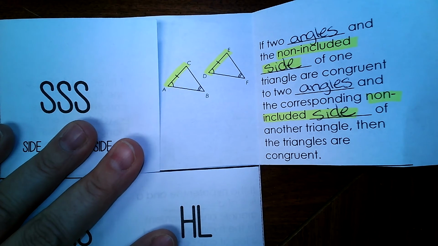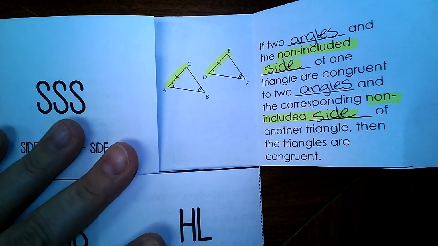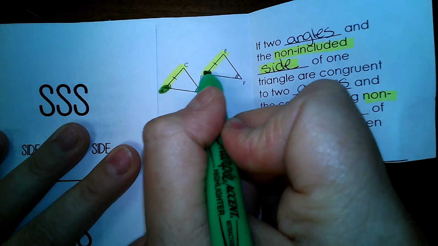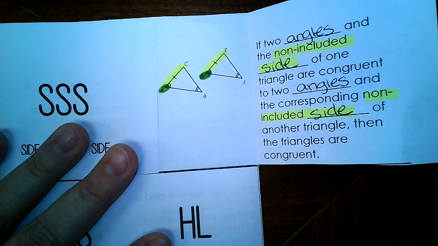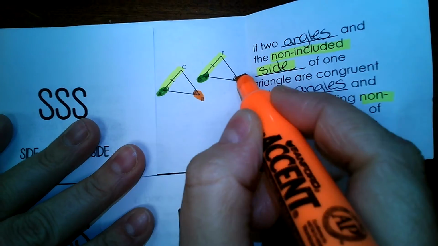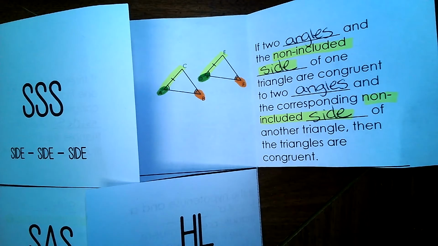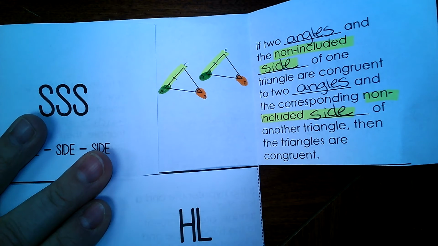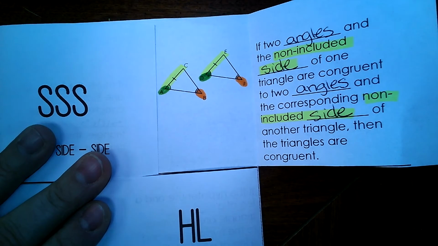This is the non-included side. The angles that are a match are listed as angle A and angle D, and then angle B and angle F. Okay, I think highlighting it is very helpful because now I can really see that this side is not connecting my angles.